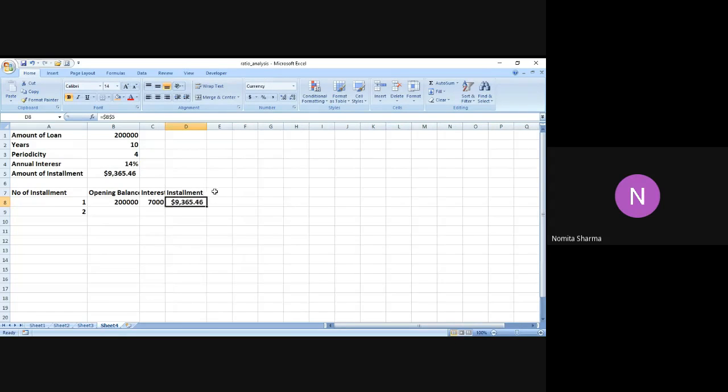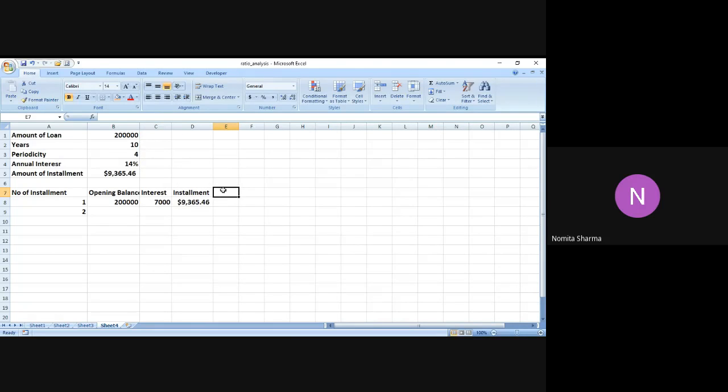So the next heading which I have to calculate is for the closing balance, which is another very important parameter in case of loan. So the closing balance will be nothing but, we have to basically subtract the amount from the opening balance.